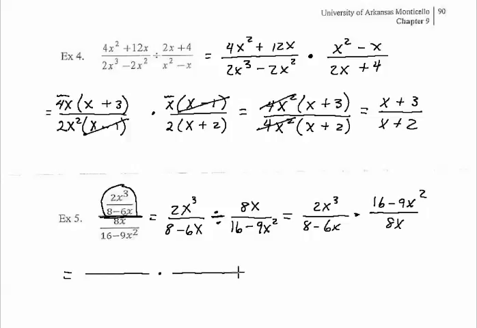Now that we're dealing with multiplication, we'll factor the numerators and denominators. We can't really factor 8x, so I'll go ahead and write it in the place of the denominator in the second fraction. Notice that this doesn't have a greatest common factor, but 16 is 4 squared, and 9x squared is also a perfect square that we can write as 3x squared.